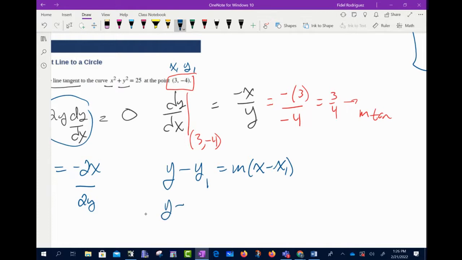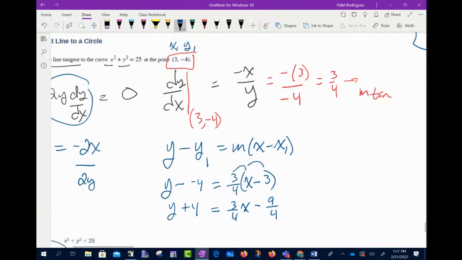Y minus a negative 4 equals a 3/4 x minus 3. So that's going to become y plus 4 equals 3 over 4 with an x minus, everybody agree, minus 9/4, because 3/4 times negative 3 is a negative 9/4. Okay. And now on both sides, y'all, we need to subtract the 4.